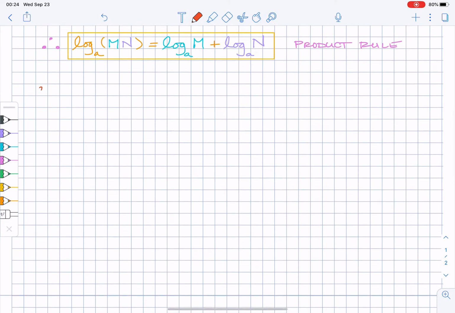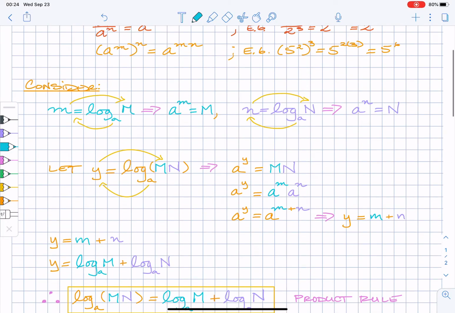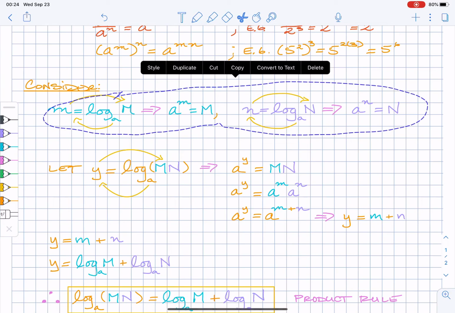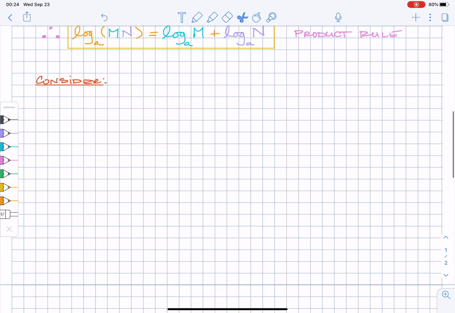So let's consider, so we still have m and n as defined before. I'll just copy and paste these, they're the same ones I want to use.